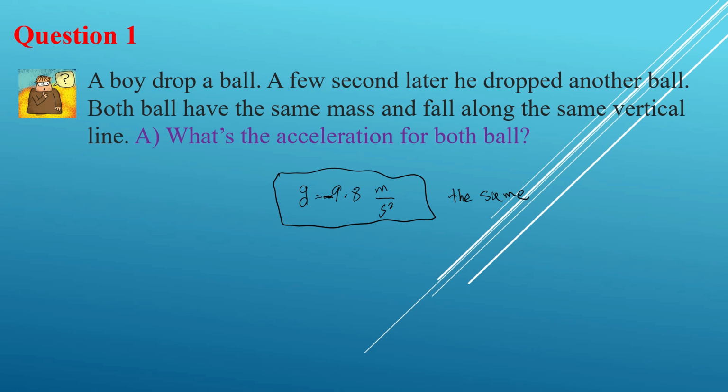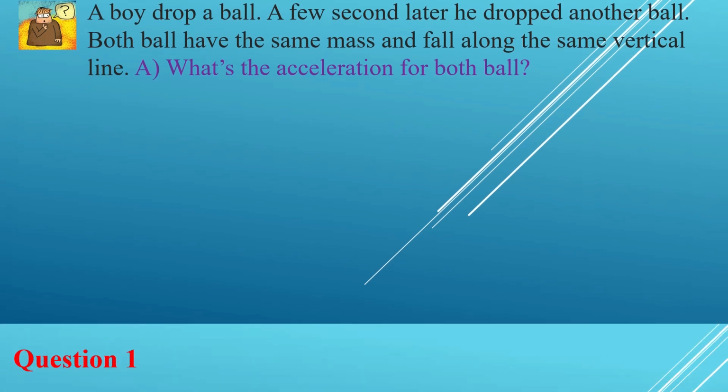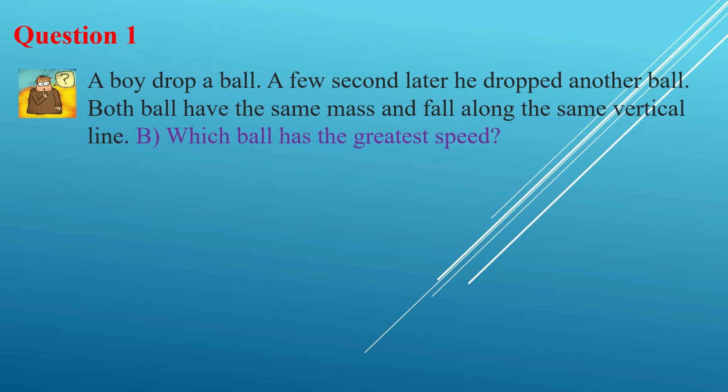Now let's go to the second part. Which ball has the greatest speed? Of course, this problem doesn't give me the values for time and velocity, but let me assume some values here. So I would like to use this equation, v equals minus g t plus v naught.